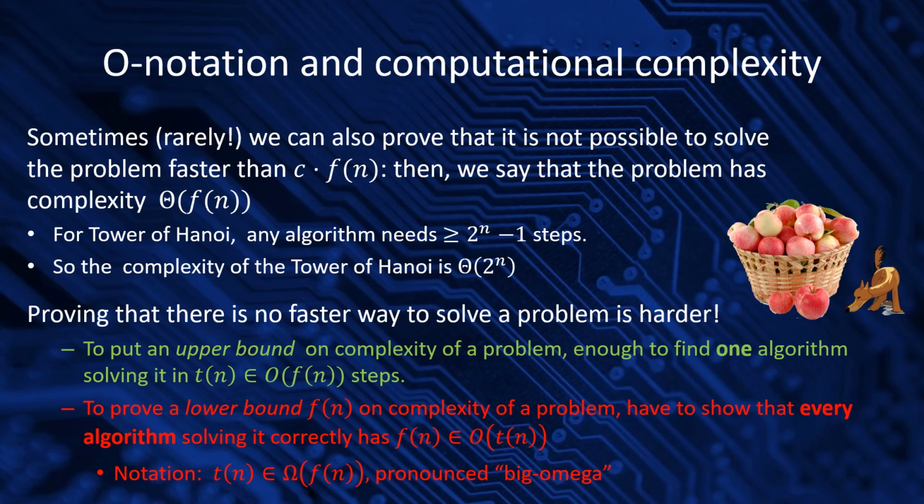We can do it for Towers of Hanoi, at least with 3 pegs. We know that any algorithm needs 2 to the n minus 1 steps, and we know that there is an algorithm that takes that many steps. So we know that the complexity of solving Tower of Hanoi is exactly theta of 2 to the n. So we need 2 to the n, and 2 to the n is enough.